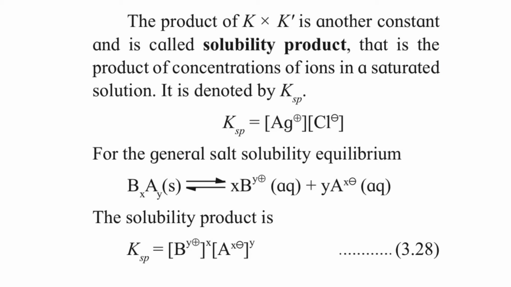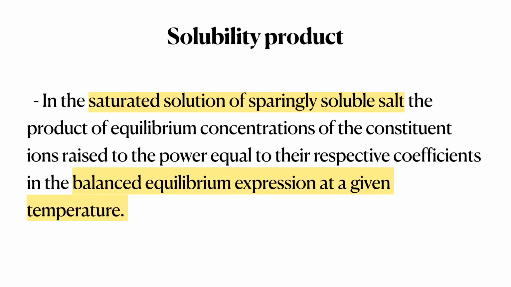So we can define solubility product as the product of equilibrium concentrations of the constituent ions raised to the power equal to their respective coefficients in the balanced equilibrium expressions at a given temperature in a saturated solution of sparingly soluble salt. So once again I'll define.